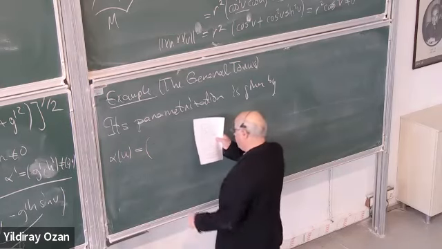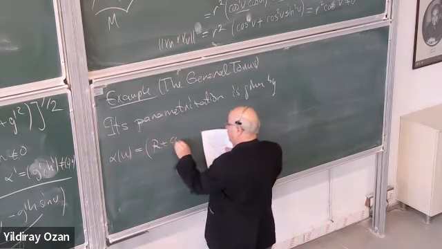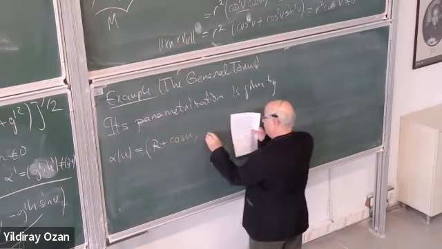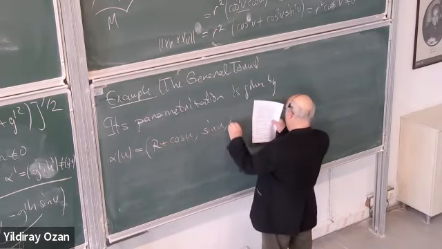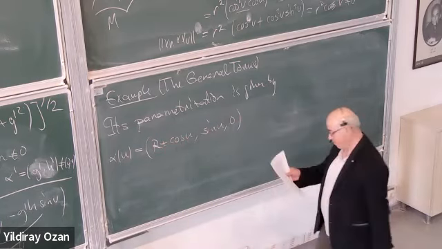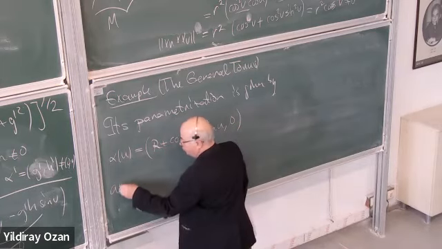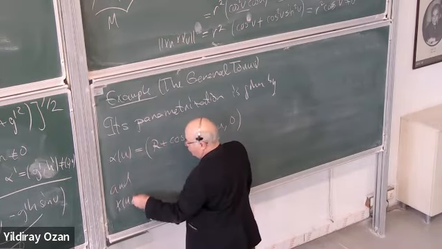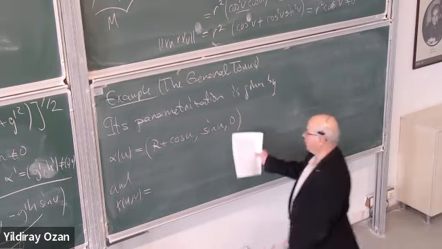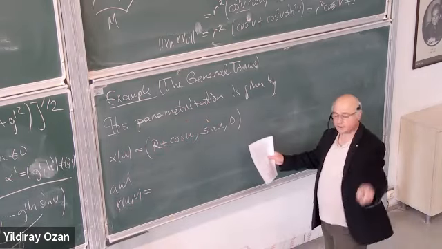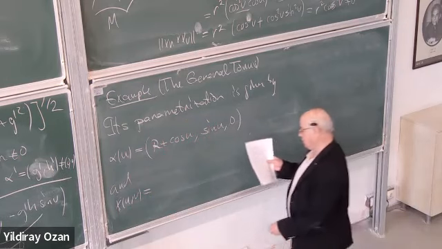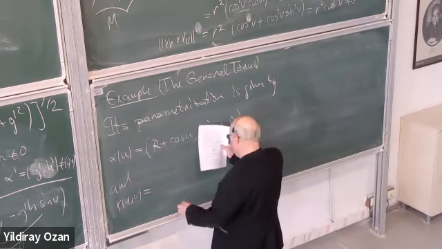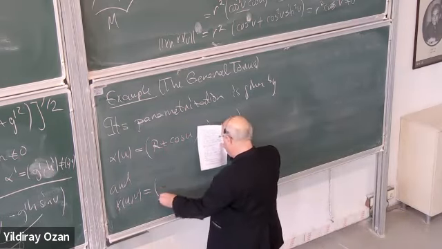This is a circle of radius 1, and you rotate this. It's in the xy plane. You rotate this about the x-axis, and you get what?